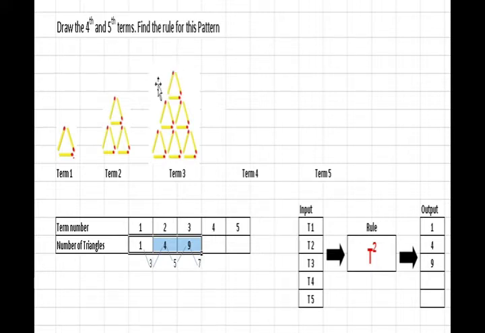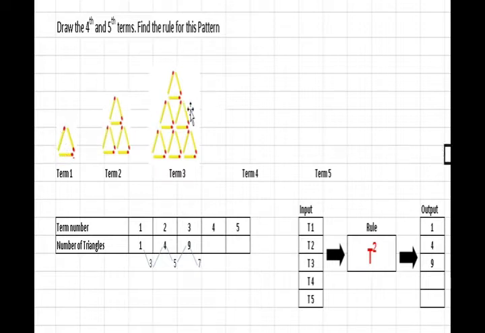In this pattern, the first 3 terms have already been drawn for you, and we're going to work with what is drawn to figure out what is changing, to find the pattern in the pattern. The first thing you should notice is that this pattern is a growing pattern.